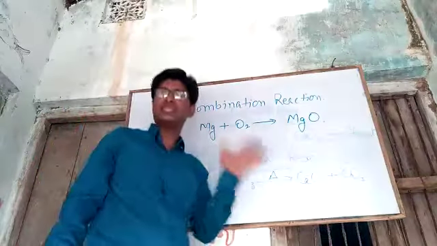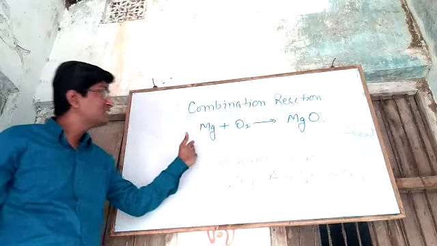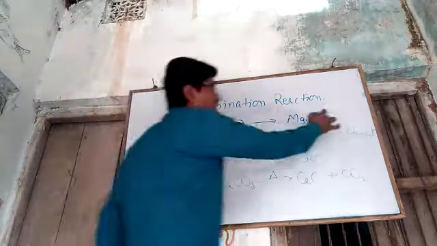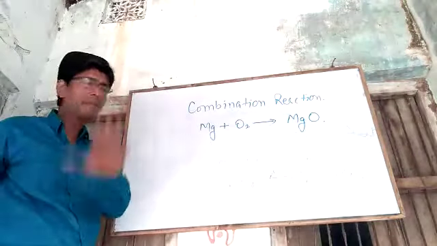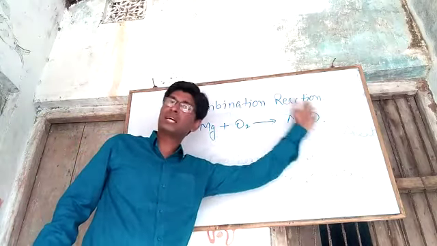One more thing about this reaction that is generally asked in board questions also: combination reactions are generally exothermic reactions. Here you can see that heat energy is also released. So you must remember, generally combination reactions are exothermic reactions.